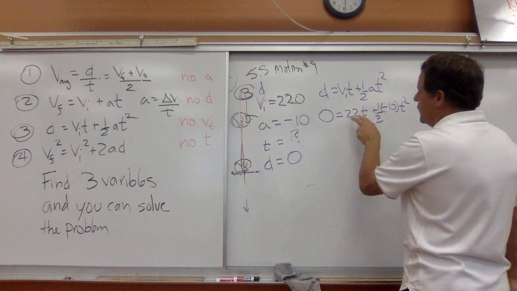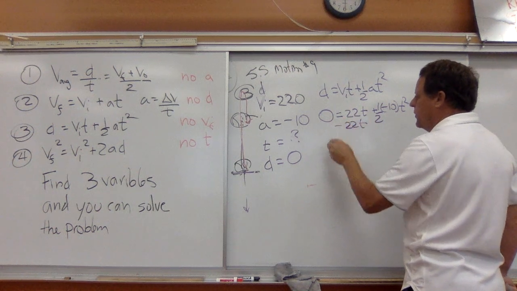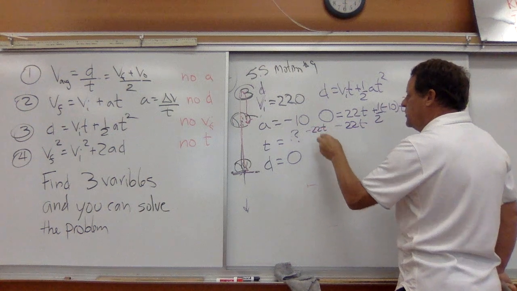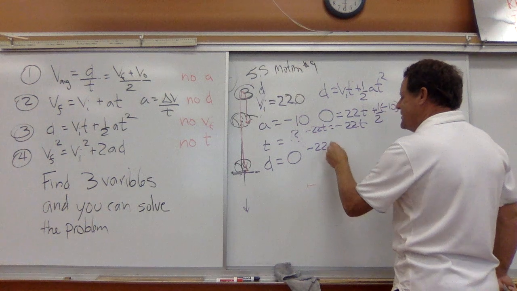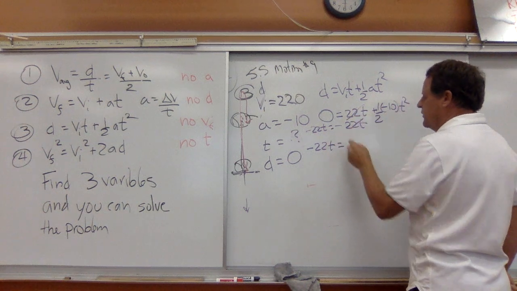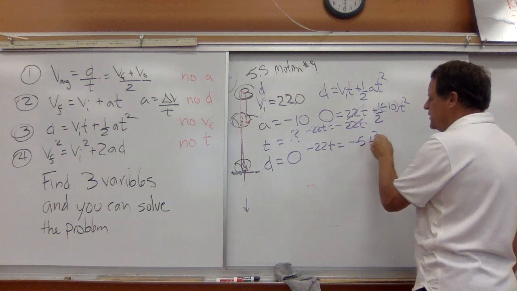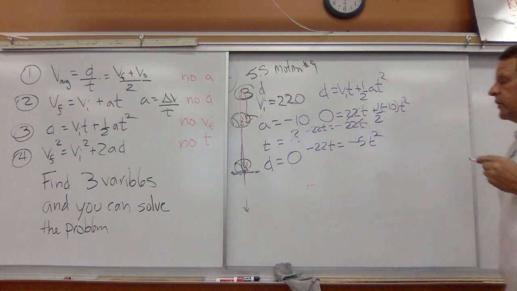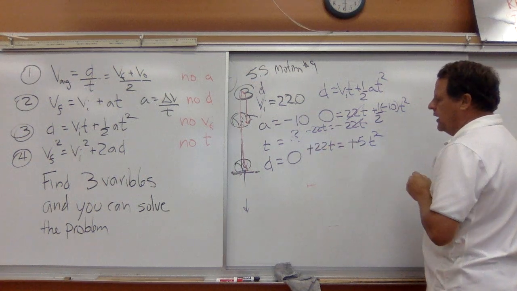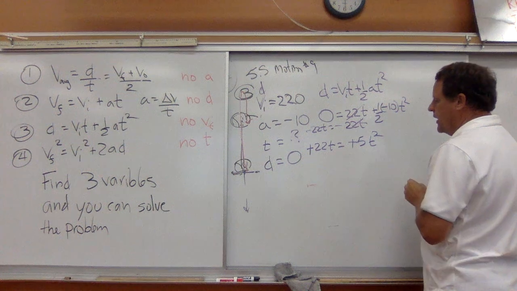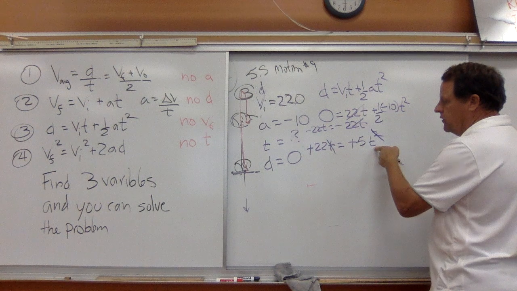What we're going to do here is move this 22t to the other side, by subtracting 22t from both sides. We get -22t, this cancels out, equal to 1/2 of -10, which is -5t squared. At this point in the equation, we can cancel out the 2 negatives, and one of these t's will cancel out with one of these t's.